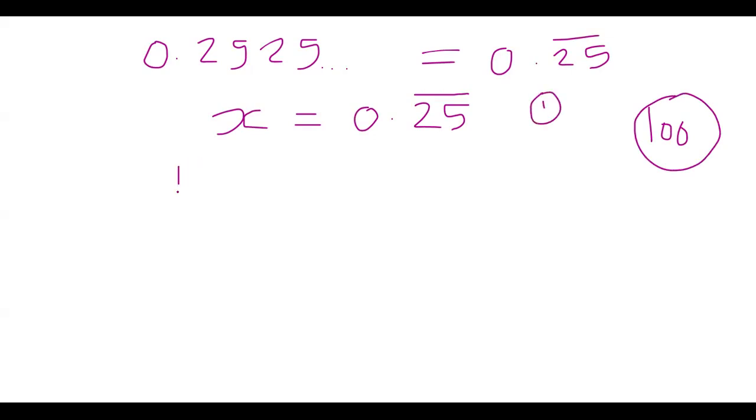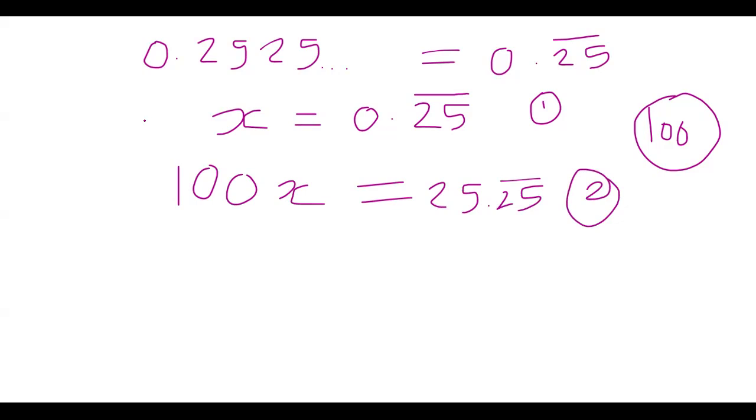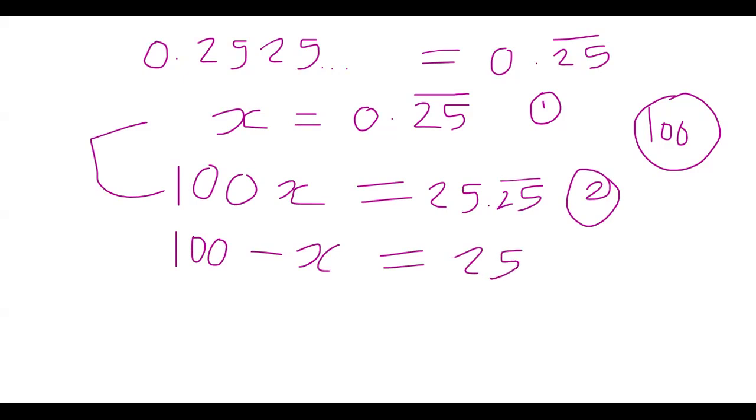Now we will multiply both sides by 100 because after the decimal, two digits are repeating, that is 2 and 5. So 100x equal to 25.25 bar. Now again we will do the same step, we will subtract equation 1 from equation 2. So we will get 100x minus x equal to 25.25 bar minus 0.25 bar.